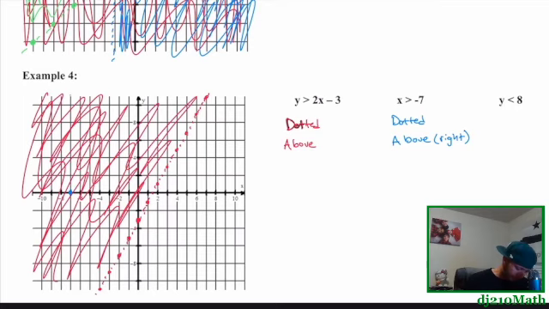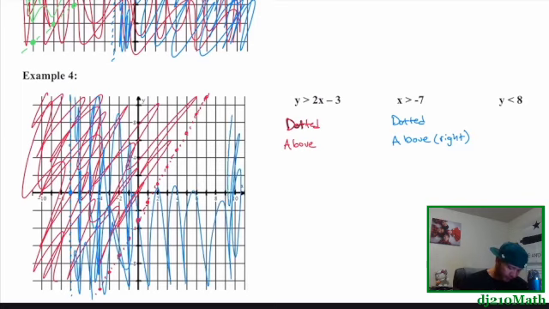So -7, dotted, and we want to the right. So now it's everything to the right. Try not to lose sight of the dotted and the redness. Okay. Last but not least, y less than 8.